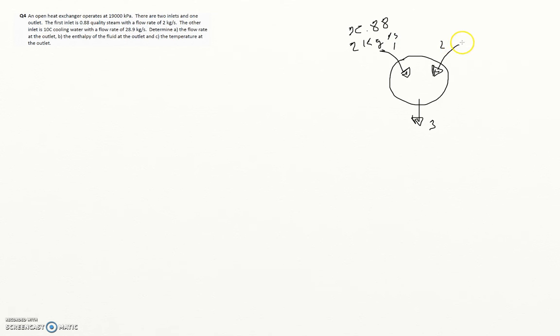My other flow is 10 degrees C water, and it is 28.9 kilograms per second. These guys come in, they mix, and out comes some fluid with some enthalpy 3 and some mass flow 3.